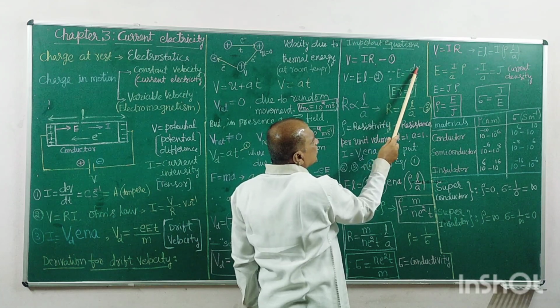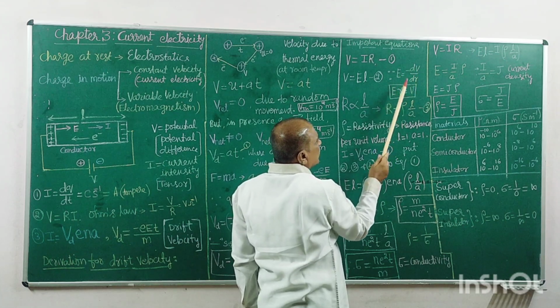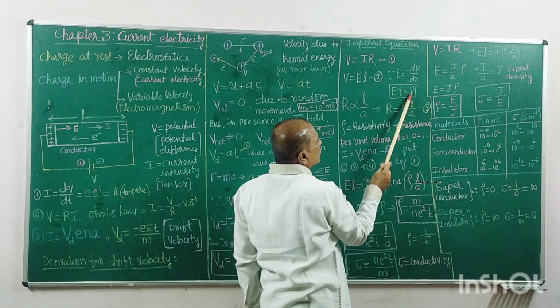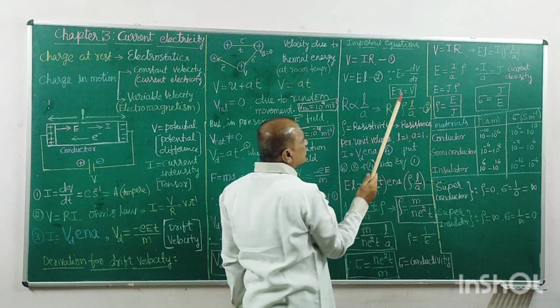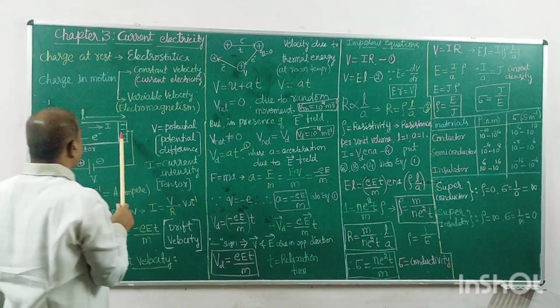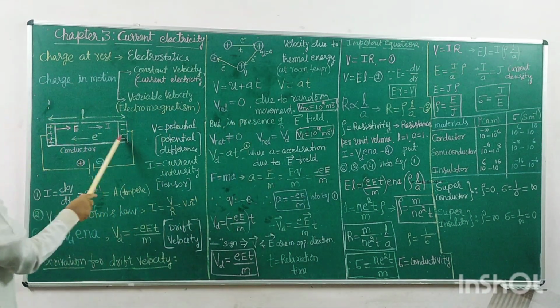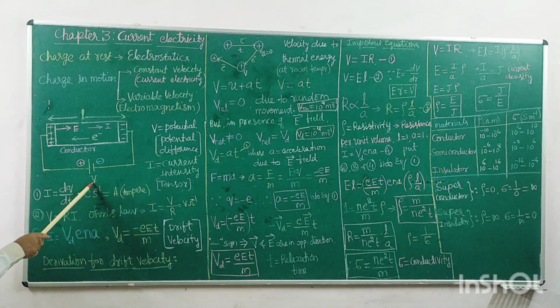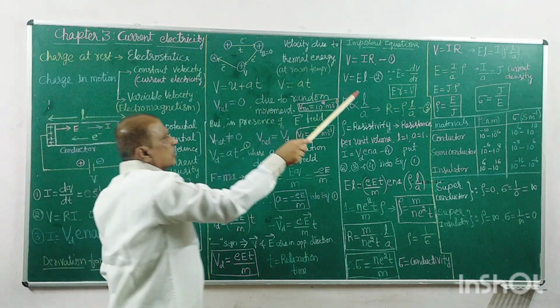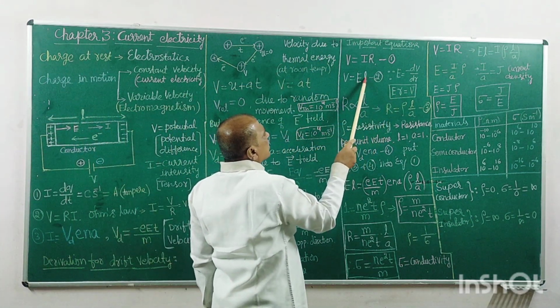So in integral form, E·r is equal to V. Here r is the distance between these two points. Between these two points we apply voltage, potential. So r is L.